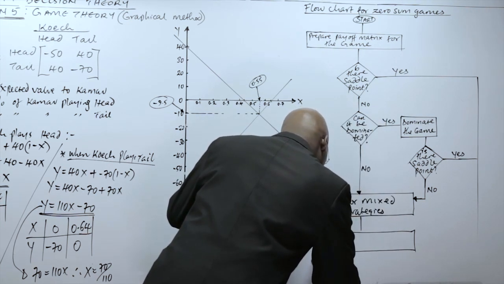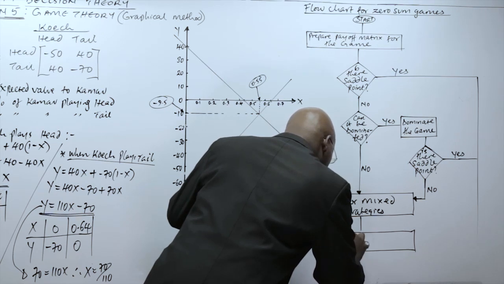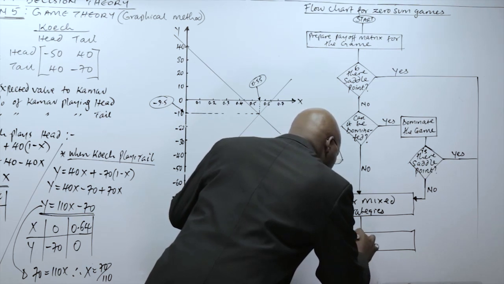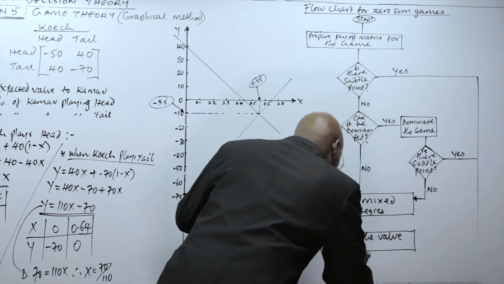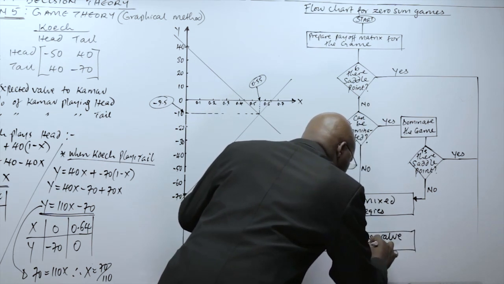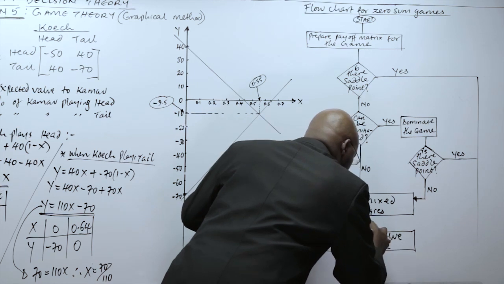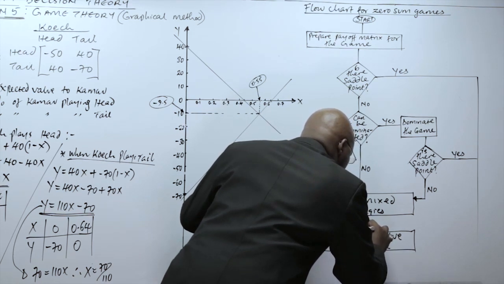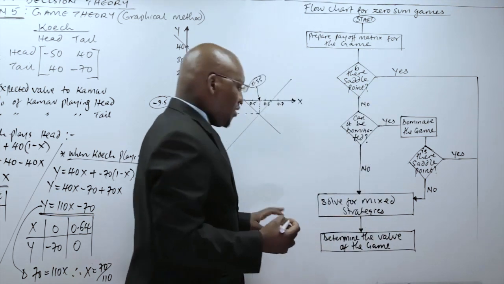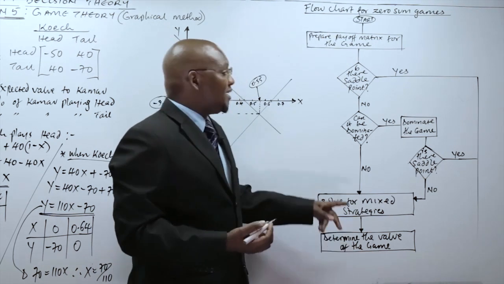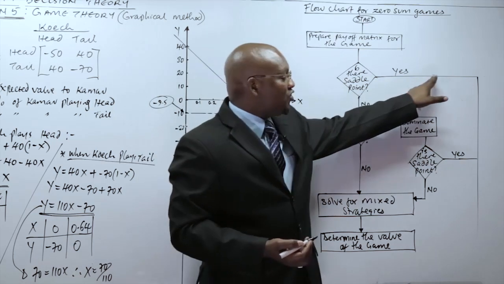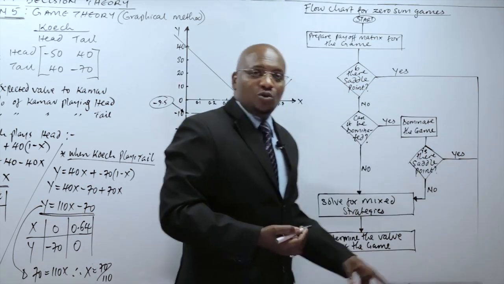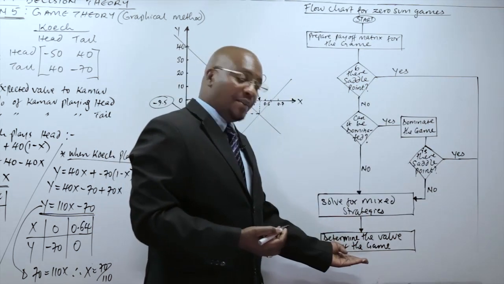This is determine the value of the game. That is when you have solved for mixed strategies, you can determine the value of the game. But even if it is a pure strategy game, when you have pure, you can still come and determine the value of the game.